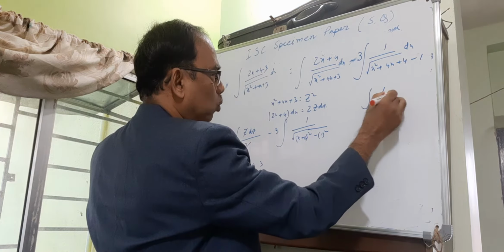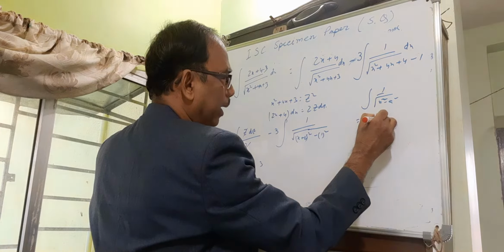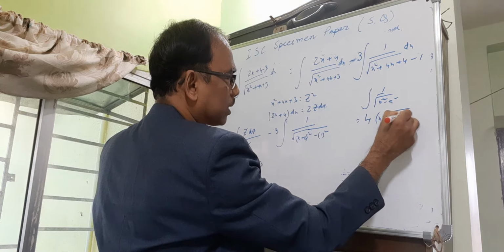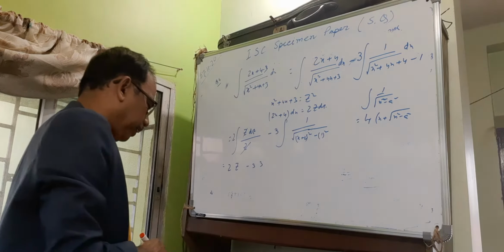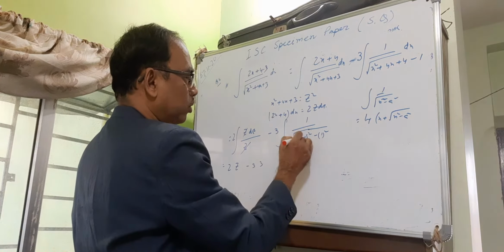integration of 1 by root over of x square minus a square is log x plus root over of x square minus a square. So x square is a square.